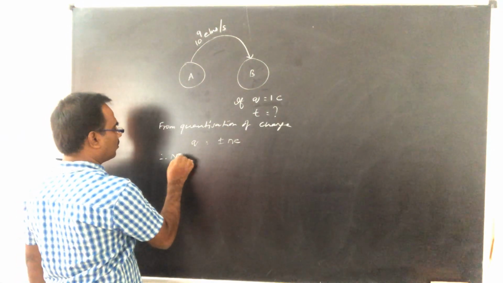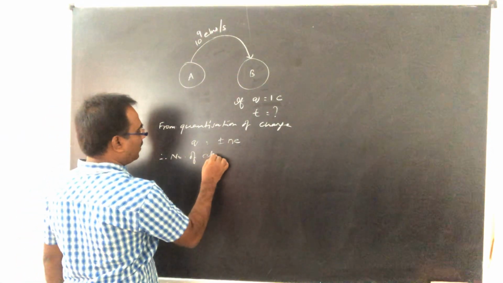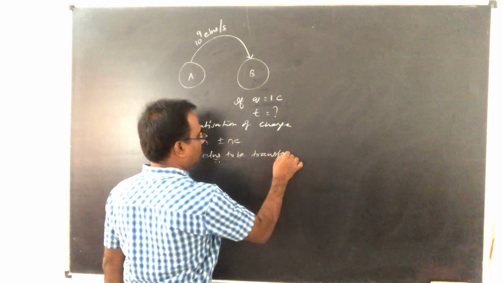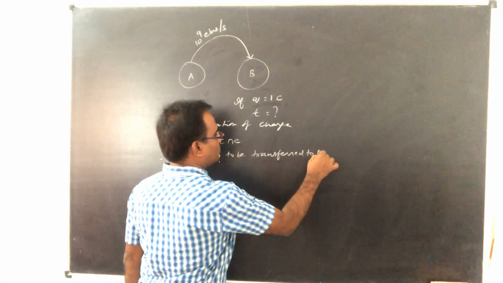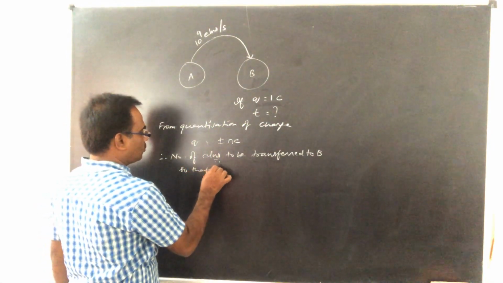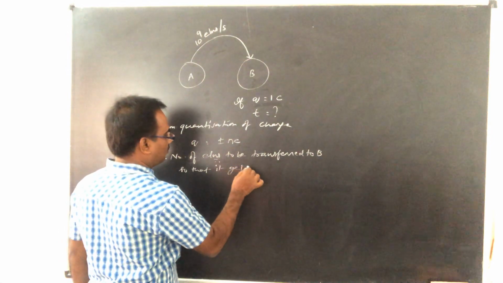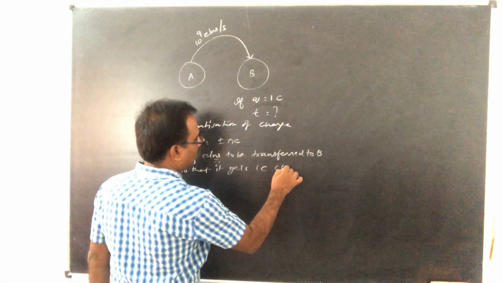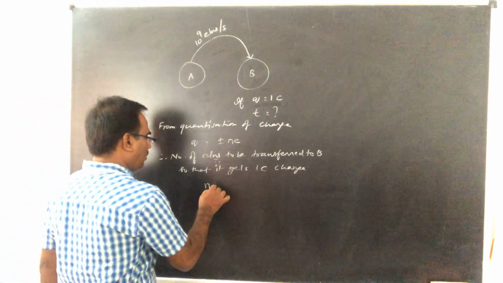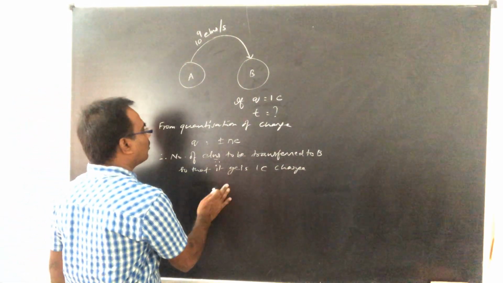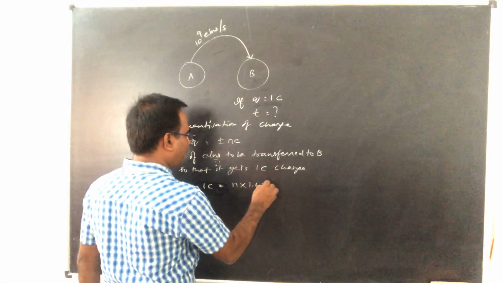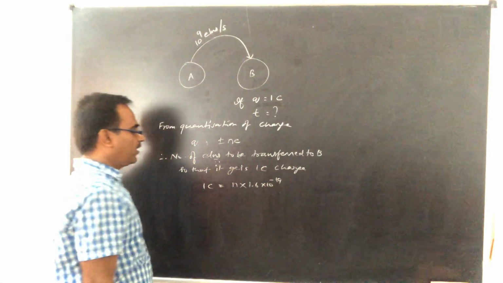Therefore, the number of electrons to be transferred to B so that it gets 1 coulomb charge: 1 coulomb is equal to N into 1.6 into 10 to the power of minus 19.